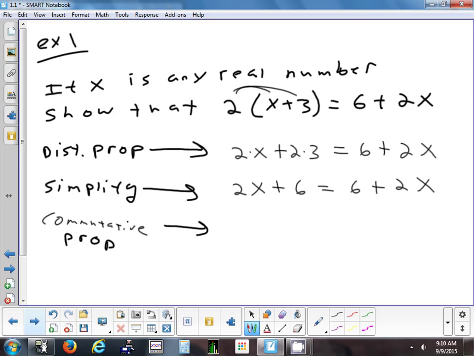Okay, these are almost the same thing. The only thing I have to do is switch the order, which I'm allowed to do with the commutative property. 6 plus 2x equals 6 plus 2x. Okay, so anybody have a question if I left these blank on the left-hand side and I asked you which property did I use to do what's on the right?